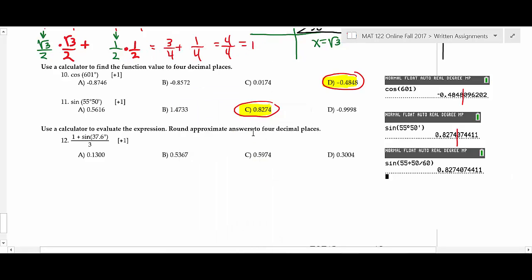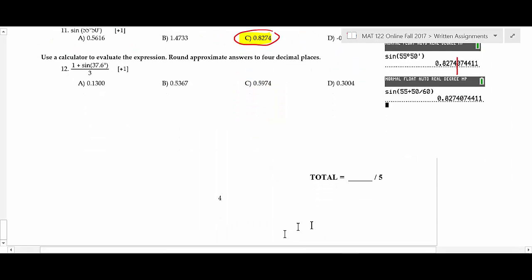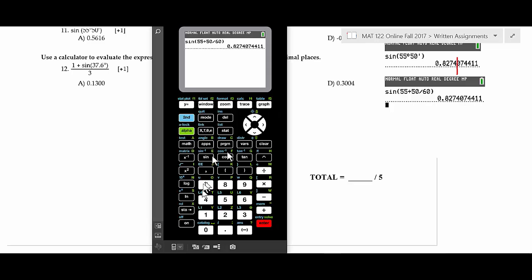And the last problem, we're just going to put this in the calculator. You would put this in one step like this. You'd have to do this in parentheses, because that numerator has to be done first. So I'm going to go 1 plus sine of 37.6 degrees, then close the parentheses.